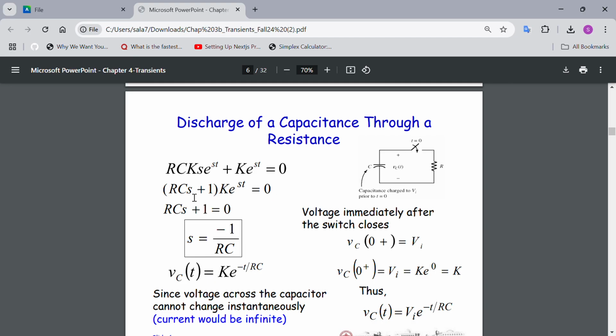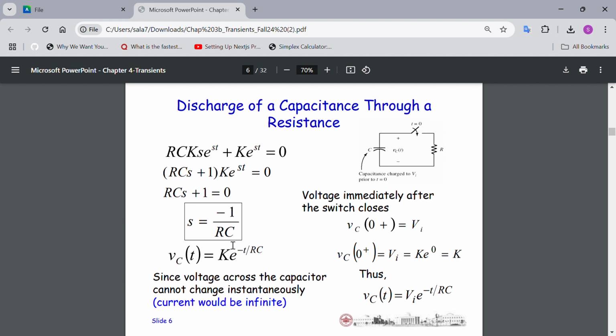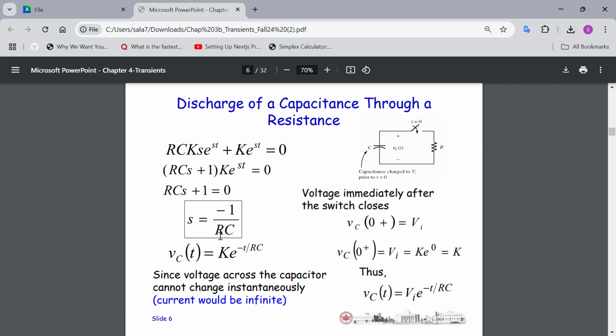And so this indicates that RCs + 1 is equal to 0. From that we can say that s is equal to negative 1 over RC, which is what we call the time constant, or tau. RC is called tau, and when you substitute it in the equation we get this value.